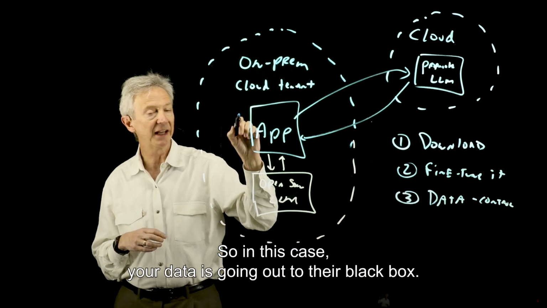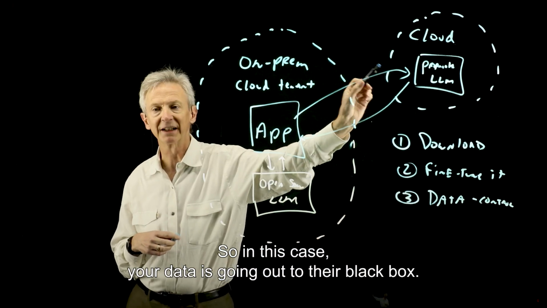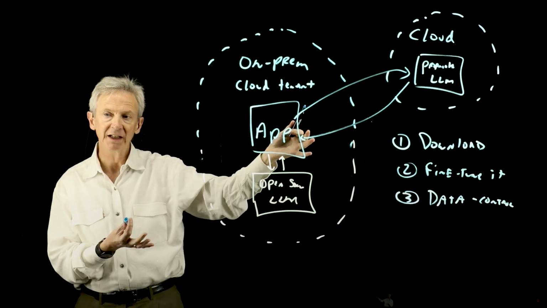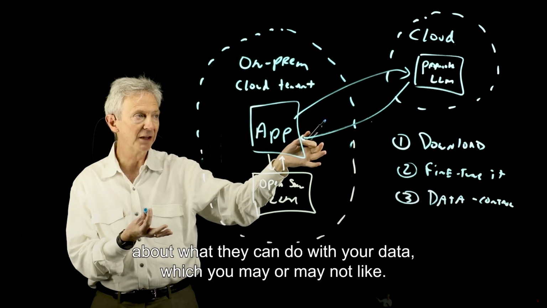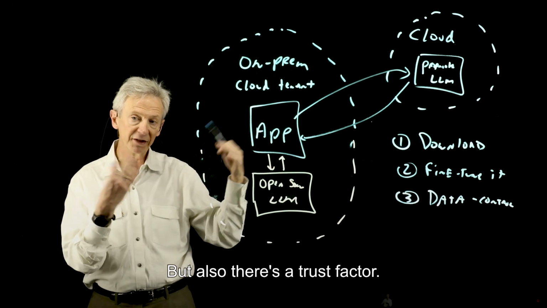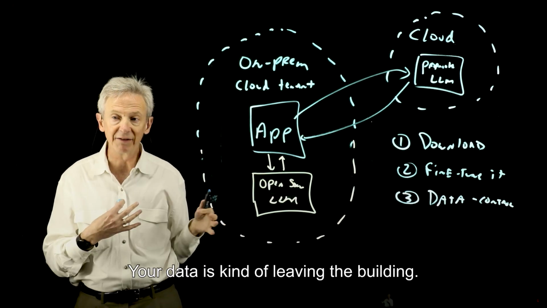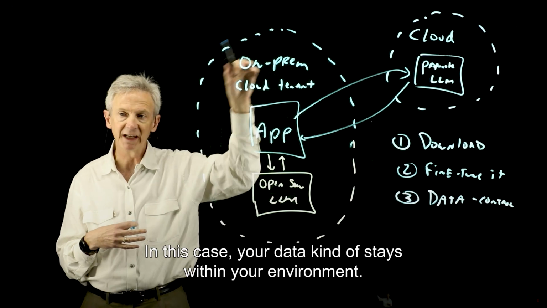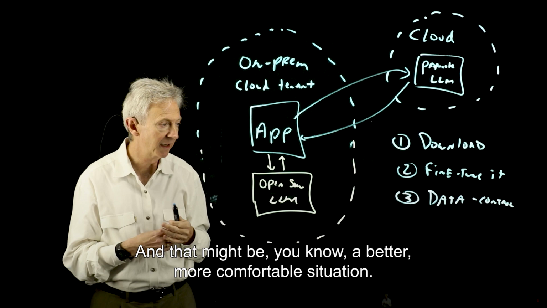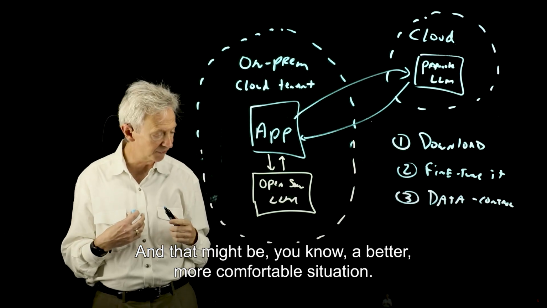So in this case, your data is going out to their black box, let's say, and you'll have license terms about what they can do with your data, which you may or may not like. But also there's a trust factor. Your data is kind of leaving the building. In this case, your data kind of stays within your environment, and that might be a better, more comfortable situation for you.